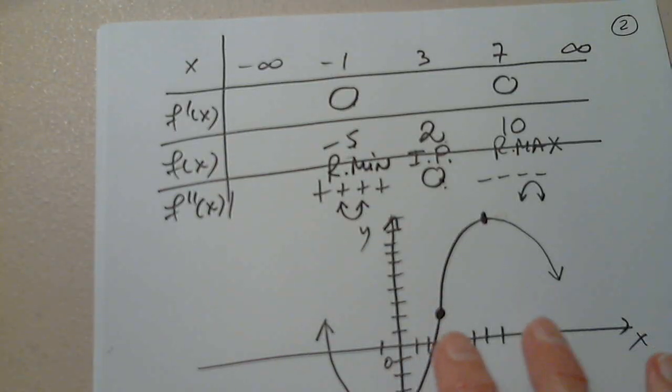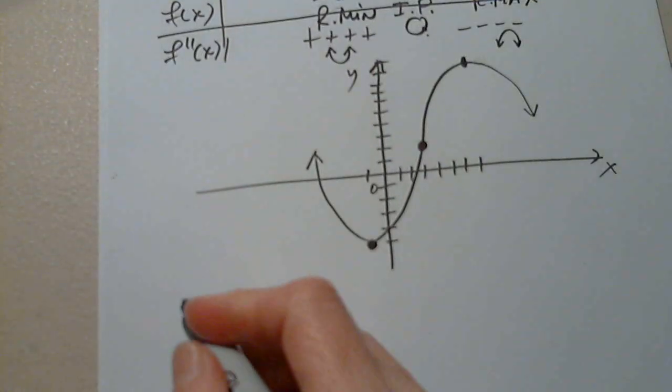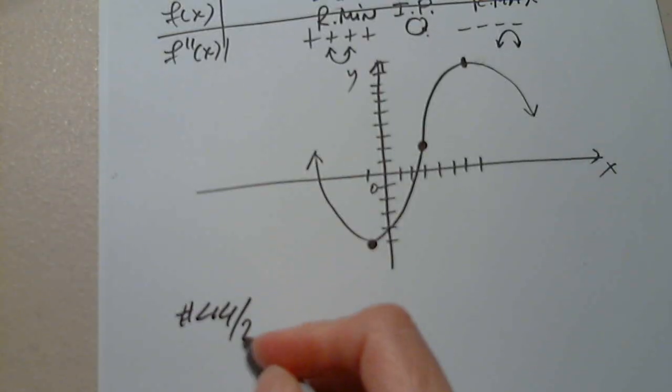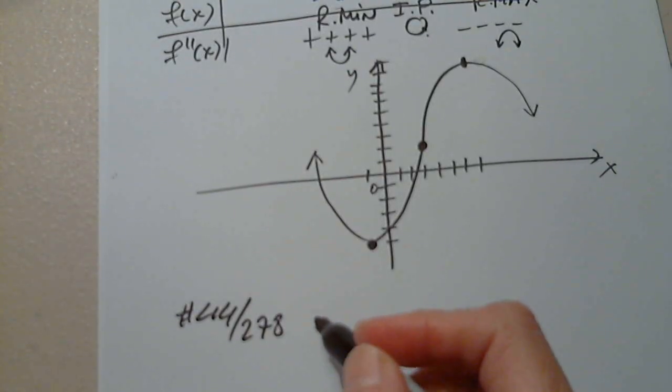Is this clear? Is this problem okay, everyone? I have one more question. Any question? Can we go over problem 44 on, it's either 276 or 278, I'm not exactly sure. 276 or 278?